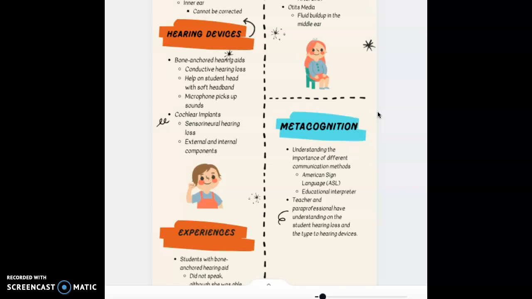But most importantly, I think as teachers and paraprofessionals, it is also very important for us to understand ASL at some point. And also that teachers and paraprofessionals should have the understanding, like I said, about the students' hearing loss, the type of hearing loss, and the type of hearing devices in order to help them be part of the class and be more engaged with other students as well.